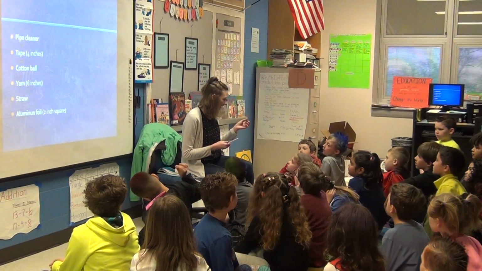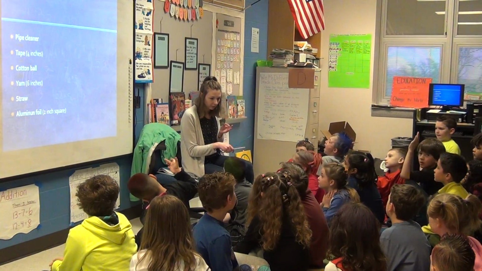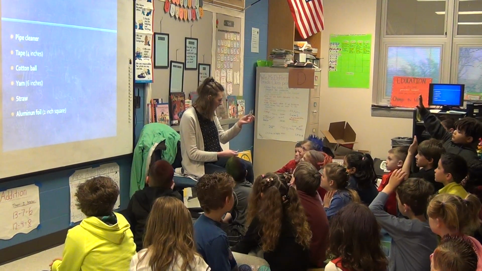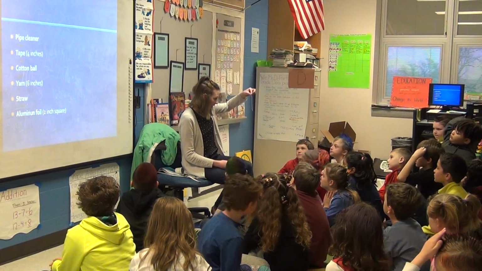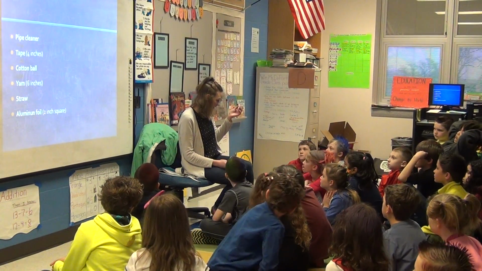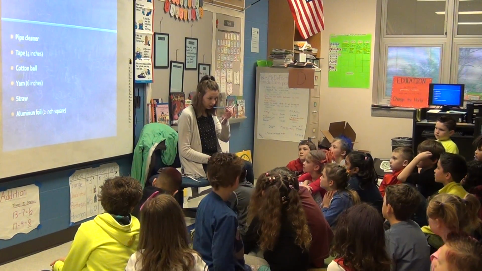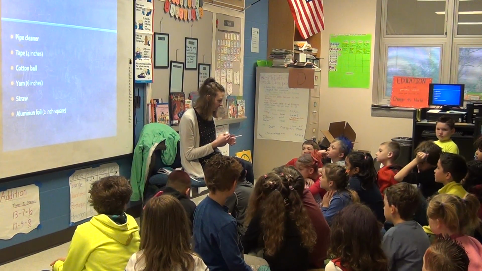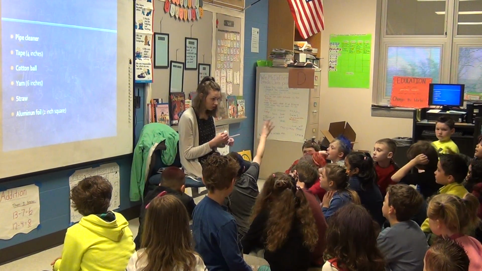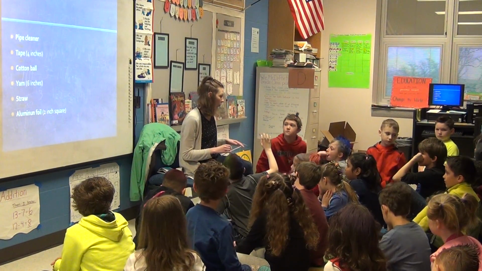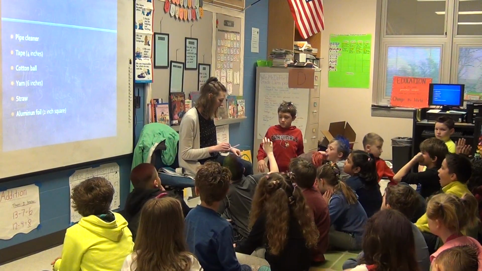That's how I normally use it. Or I'll put it on the bottom of a pan if I'm cooking something and don't want it to stick to the pan. So you have this little piece of aluminum foil. You have a little piece of yarn, a straw, a pipe cleaner, a cotton ball, and some tape. Those are the materials that you can use. You can use all of them. You can use just one or two of them, whatever you want to use.